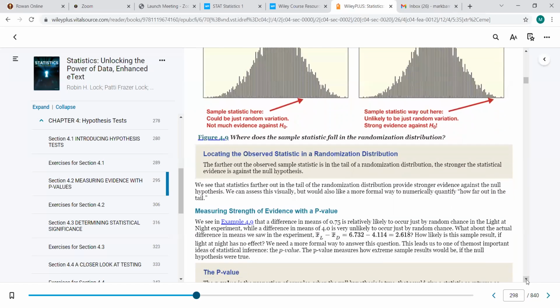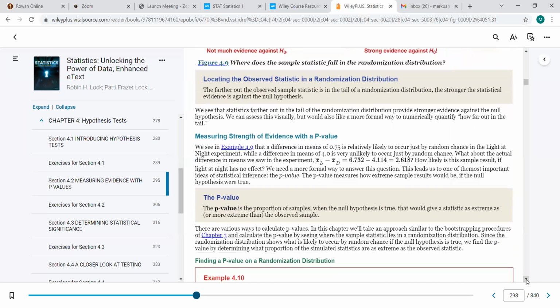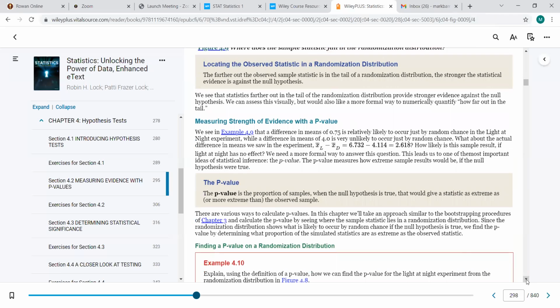All right. So what is the p-value? The p-value is the proportion of samples, if we assume the null hypothesis is true. Now, a randomization distribution, the way they set it up in StatKey, they're assuming the null hypothesis is true.